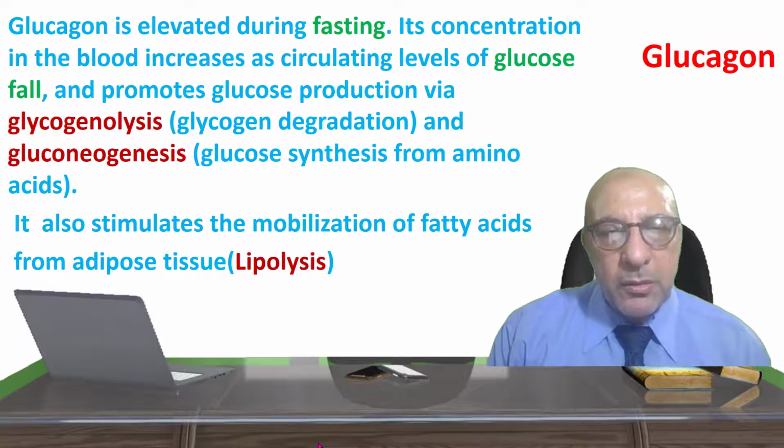Glucagon will work mainly on the liver to generate glucose from the stored glycogen, a process called glycogenolysis, which means the breakdown of glycogen to glucose, and also the creation of glucose from amino acids, a process called gluconeogenesis, meaning the production of new glucose from a non-carbohydrate source, here the amino acids.